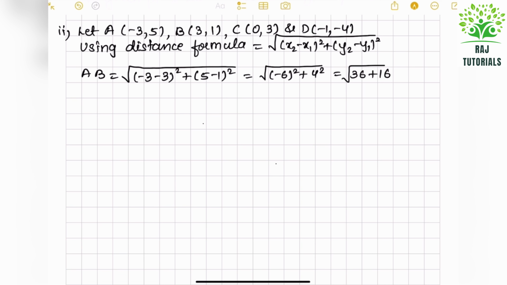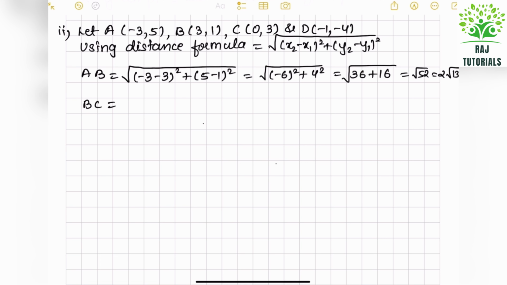So (-6) square will be 36 plus 16 under root. So that is coming as root 52. So 2 root 13.